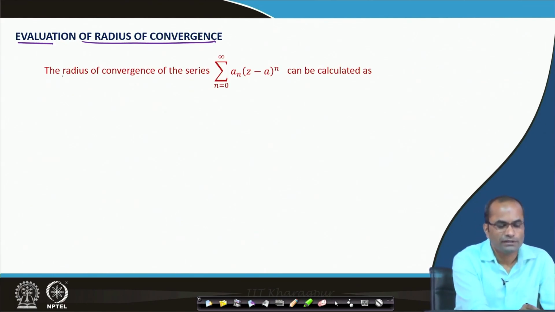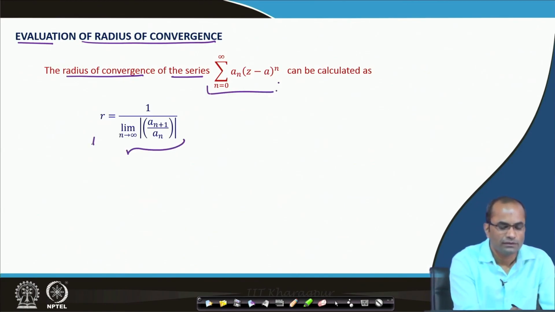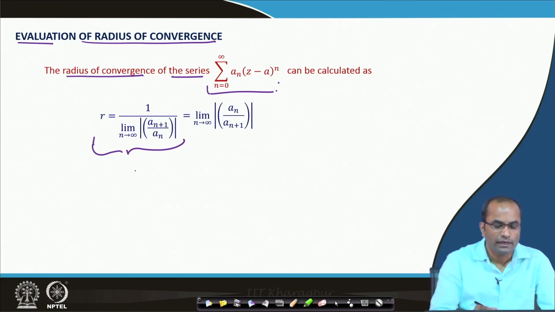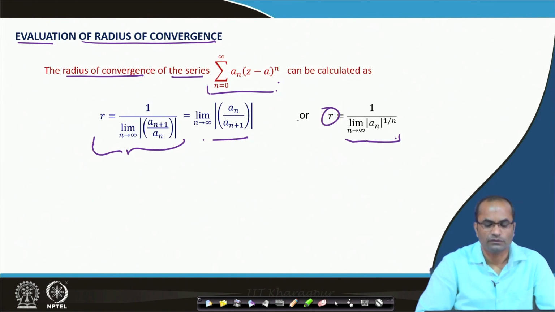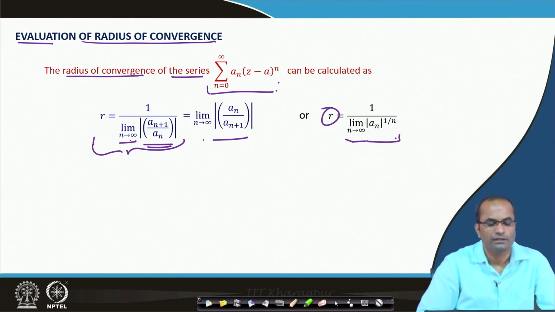But for a general power series, the radius of convergence can be calculated either by the so-called ratio formula, which is again parallel to what we have for real numbers, or by the root test, from which we also get the radius of convergence. Whichever is convenient for a particular example, either we take the ratio of the coefficients and then take the limit as n approaches infinity, or we take the nth root and then take n approaches infinity. In either way we can get the radius of convergence of a given power series.